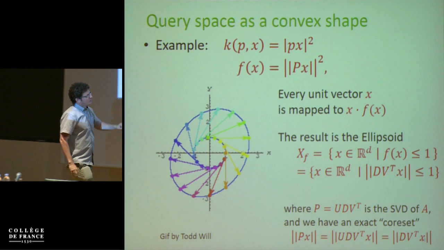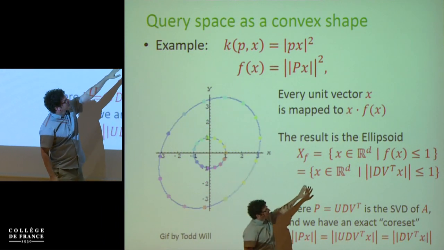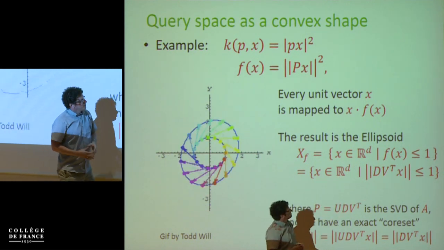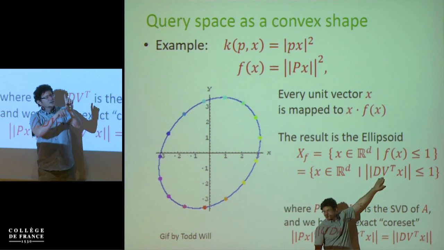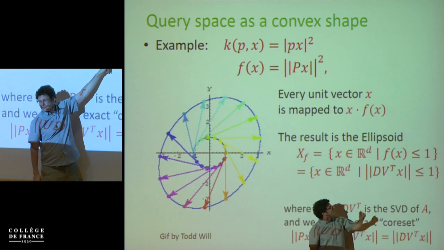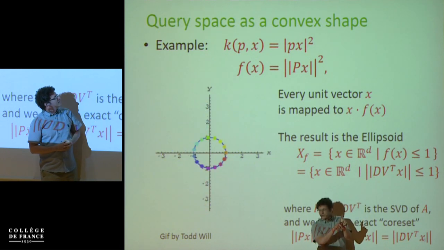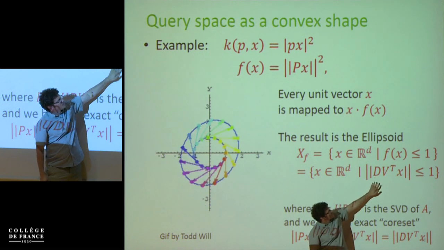And what we get is this ellipsoid. The ellipsoid contains all the points whose value is less than 1. And the ellipsoid can be represented by an orthogonal matrix, which gives the d directions, and a diagonal matrix, which gives the d values with the radius for each direction. So actually, even if P contains millions of points, this is just a d by d matrix.